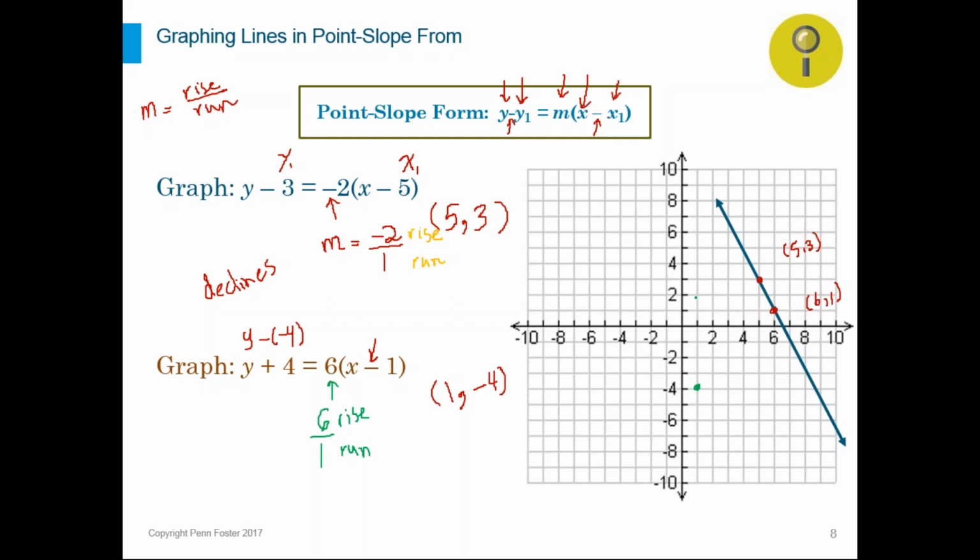And then the run is positive 1, so go to the right once. So this is the second point where the line passes through. So far, this point is (1, -4), that's from the equation. From using the slope, this point is (2, 2).